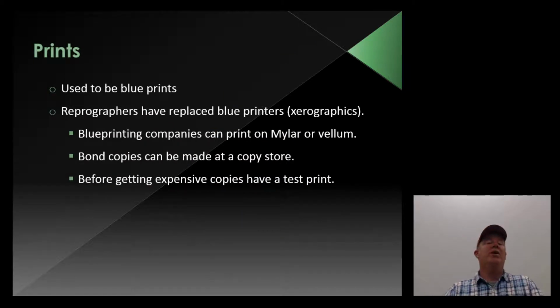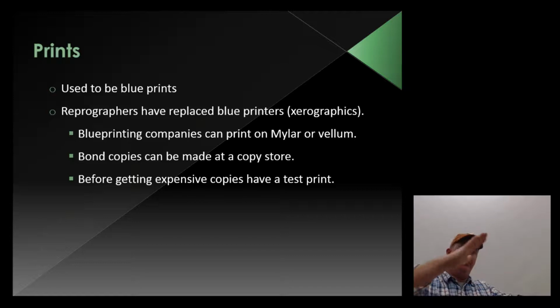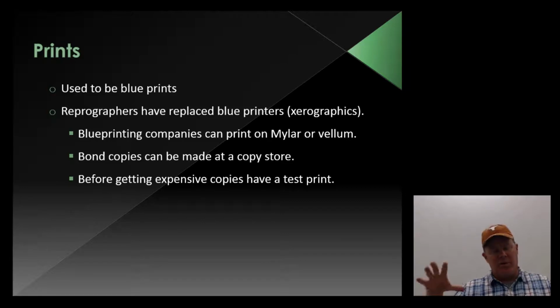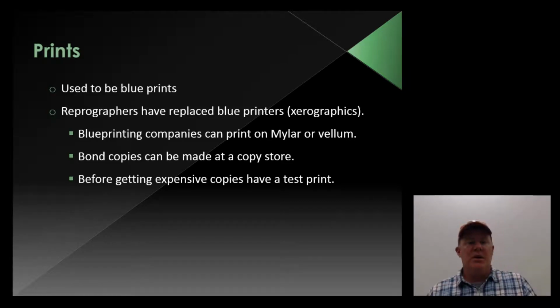Prints, they used to be called blueprints, what I just talked about, taking the yellow paper either on a roll or sheets already pre-cut, and we would lay our drawings, either on Vellum or Mylar. You would lay the yellow paper face up, put your prints on top of it, and feed it through the blueprint machine, and it would print it. It would burn the copy onto that yellow paper, and the yellow paper would turn either blue line or black line.